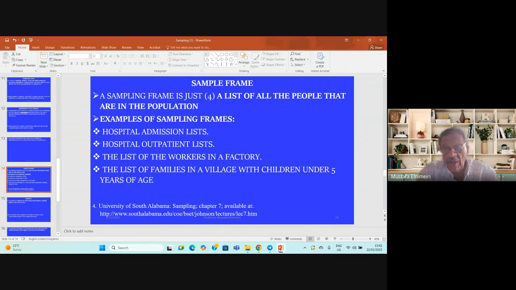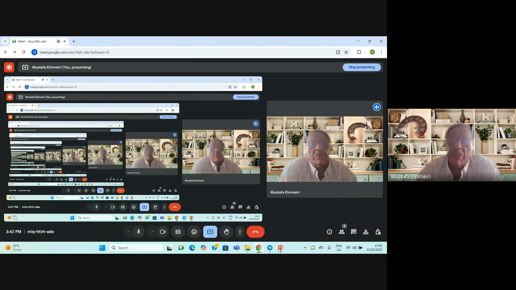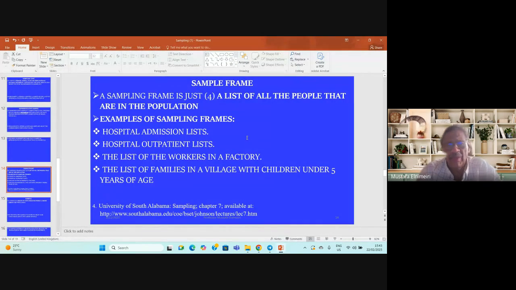We have to ensure the representation through the process in which we draw the sample, rather than just stating that it is a representative sample. Otherwise, it is not acceptable to just state that it's representative when actually it is not representative in reality.